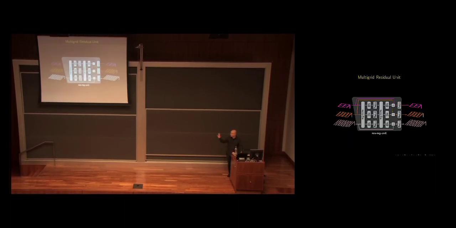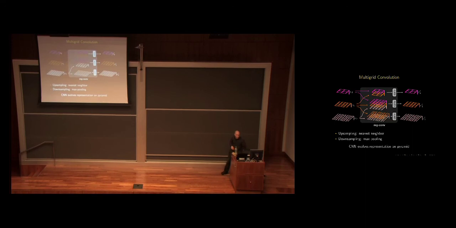All right, so this is the multigrid residual unit. In this diagram, we are upsampling. The higher resolution grid, we're downsampling because we want to match resolution to the output. Right. That downsampling is max pooling, though, so you're getting the same information summarization as you get out of max pooling.